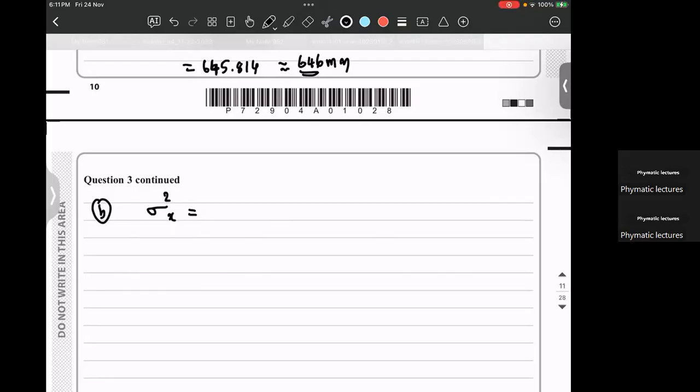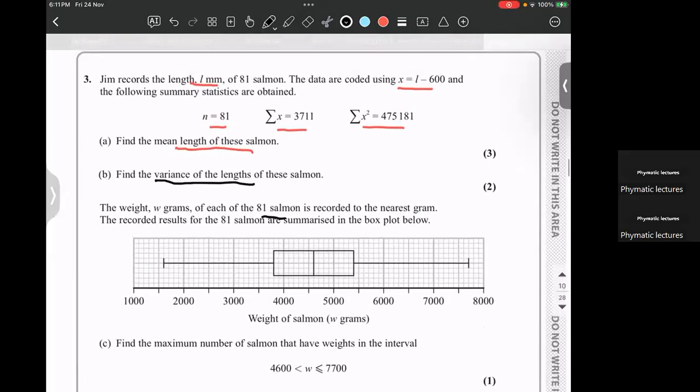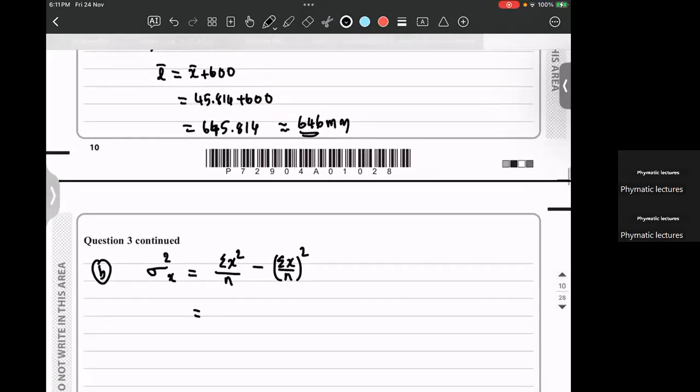So sigma square x is equal to sigma x square by n minus sigma x over n whole square. Sigma x square, that is 475,181.